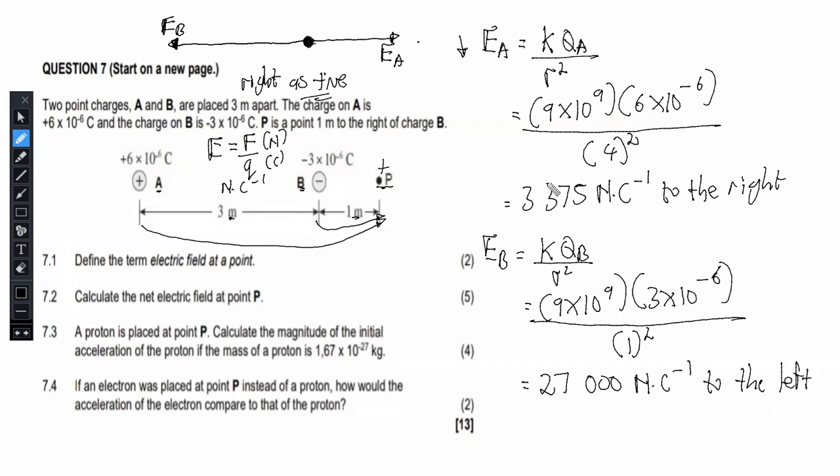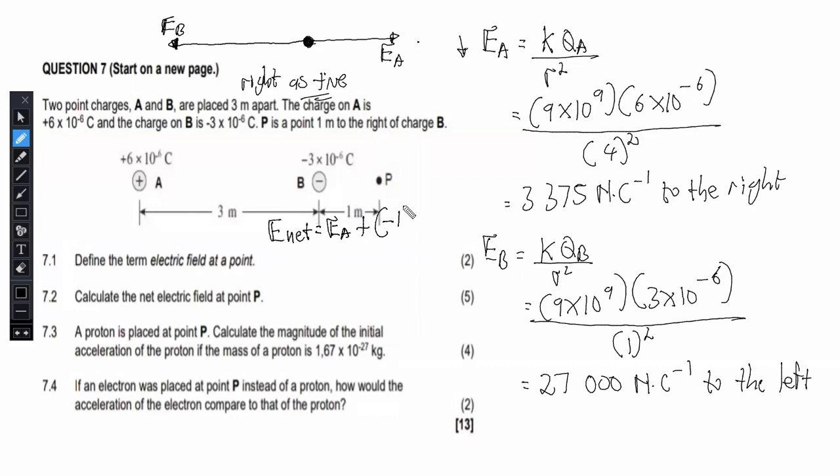Right. But then we are not done, obviously. We need to calculate the E net. So how do we then calculate E net? So this is the point whereby we say E net must be the sum of the two values. So it's EA plus, but then remember we said EB is going to the left, so we must indicate it as negative EB.